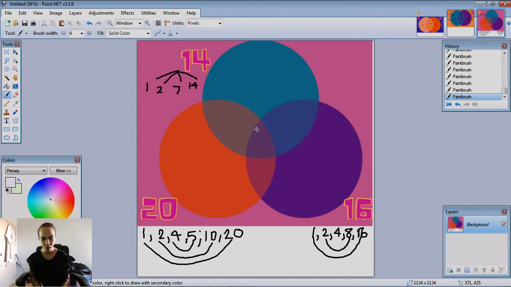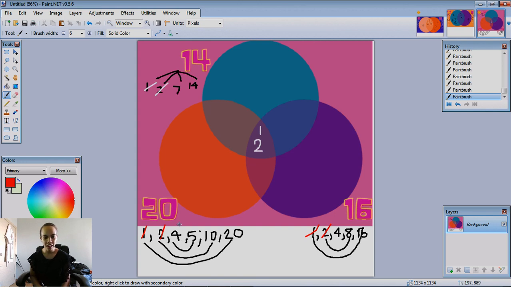So all of them share 1 and 2. Everybody happy with that? I need to use a different color, I think. 1 and 2, 1 and 2. So you can see 1 and 2 go exactly in the middle over there. This is the shared space between 20 and 16. This is the shared space between 14 and 16. This is the shared space between 14 and 20.